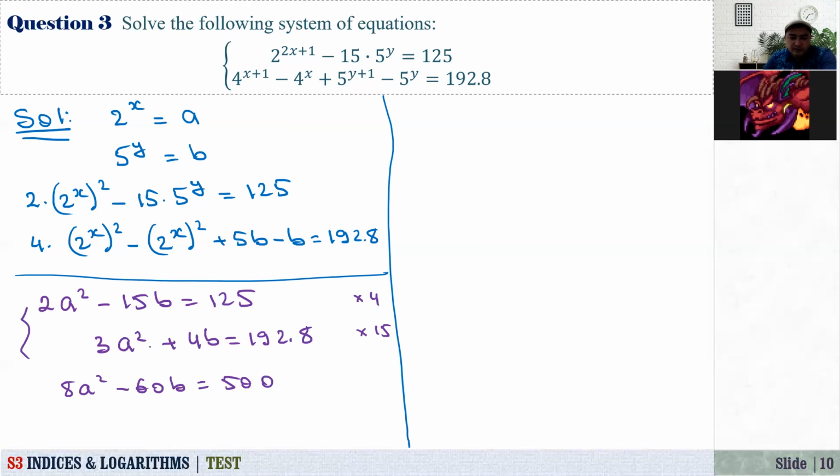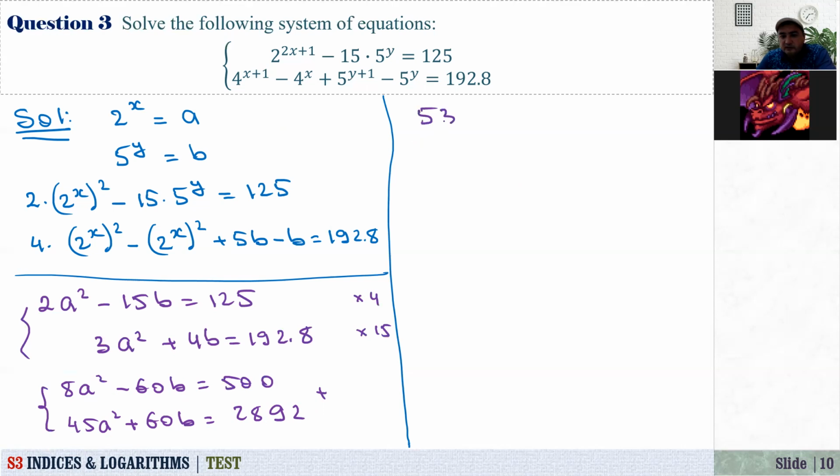The second one multiplied by 15, 15 times 3, that is 45a squared, plus 15 times 4, that is 60b, and 192.8 multiplied by 15, that is 2892.